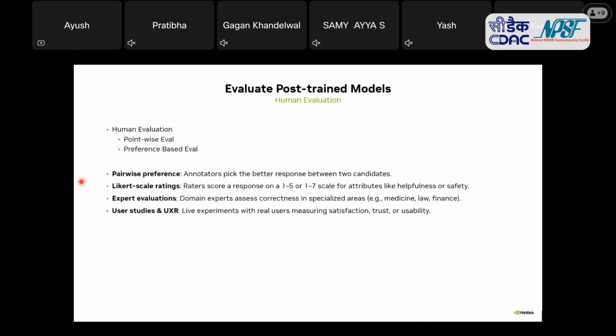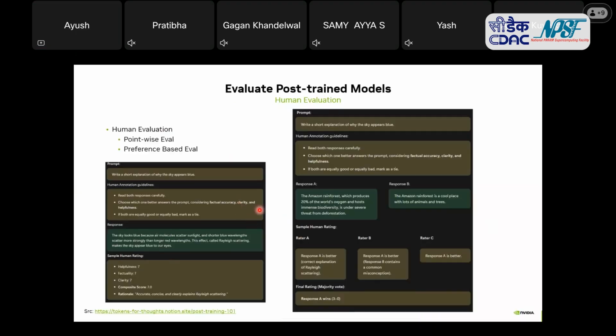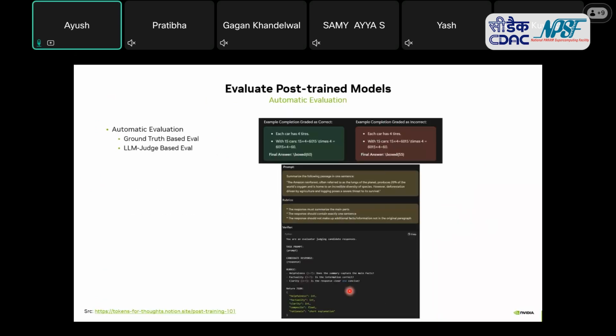There are also human evaluations, where you annotate answers, and different ways to do this, like point-wise evaluation in terms of how helpful a particular response is, but I think this is again from the point of view of the reward model. I'll just go back to this slide. So now you can do ground-truth-based evaluation by looking at various benchmarks.